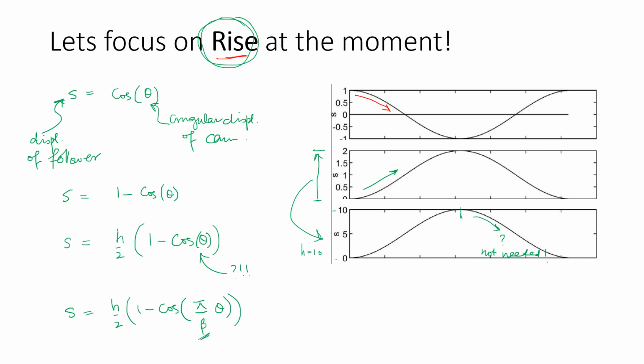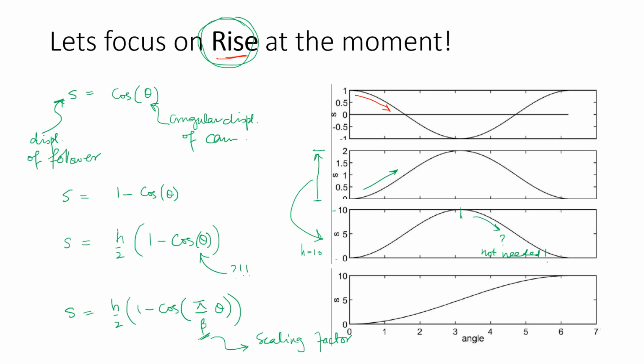Now, this is the factor which is going to give some scaling because of the beta. When I try to plot this one, you would see this behavior, and this is exactly what we need over here. You can see that it is only the rising function that we have exhibited. There is no fall happening, so this is fine.